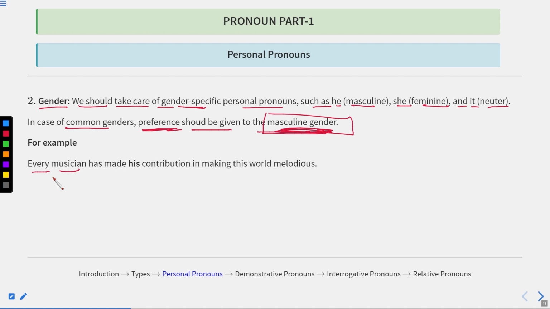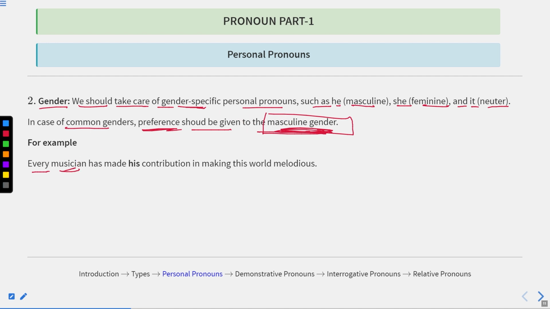We also use such words as singer, politician, spokesperson, or monarch. These are cases where we know that it is either male or female, but we are not sure which one we are talking about. In that case, we call them common genders, and the preference should be given to the masculine gender only.